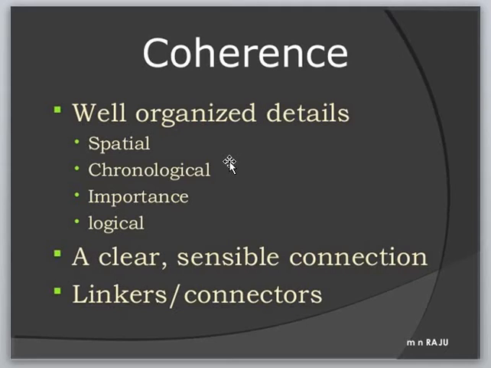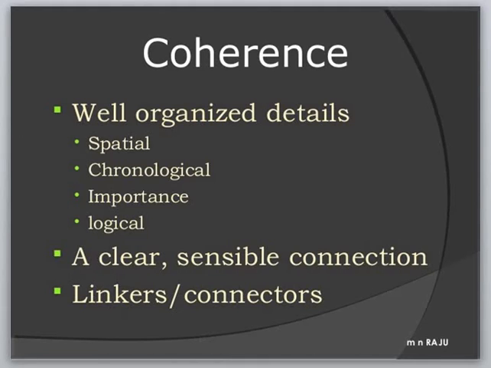But there is a proper logical sequence. You started with the proper beginning, then you added the middle information, and then you moved towards the end. So this is called logical sequence, or chronological sequence, or you have arranged the details according to importance, and according to the spatial, meaning according to the places where they need to be added.